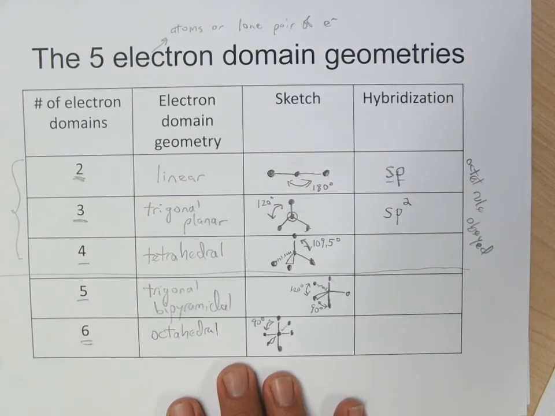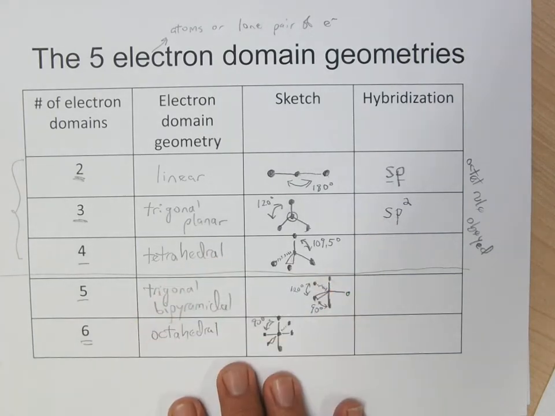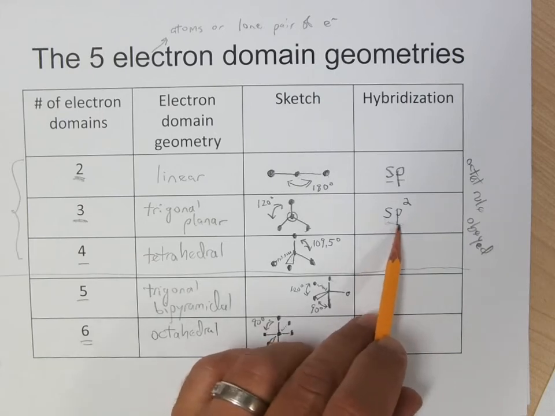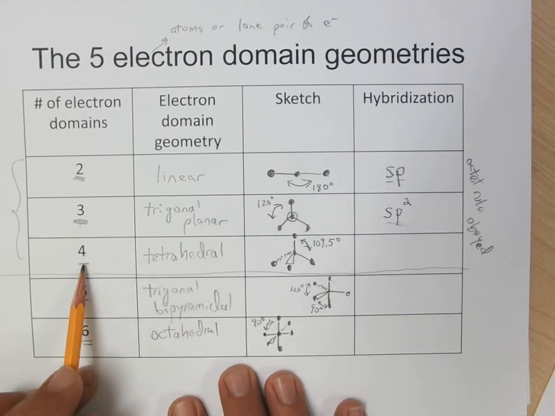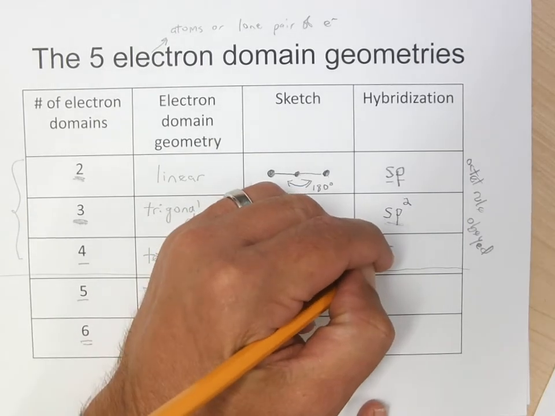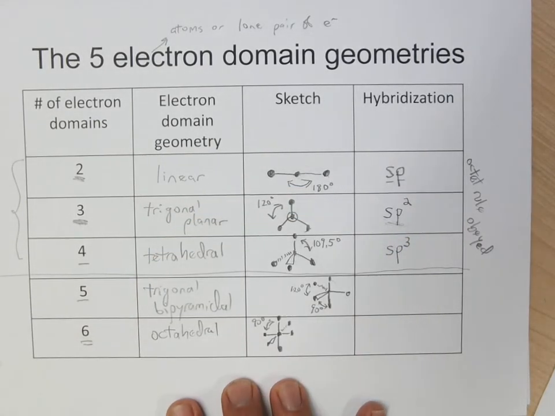So sp2 means I have 2 p orbitals and 1 s orbital involved in the bonding and forming the hybrids, and that would be 3 orbitals, which is what you would need to accommodate 3 electron domains. For 4 electron domains, you need 4 orbitals, so you grab the s orbital and 3 p orbitals. So there's your 4 orbitals.